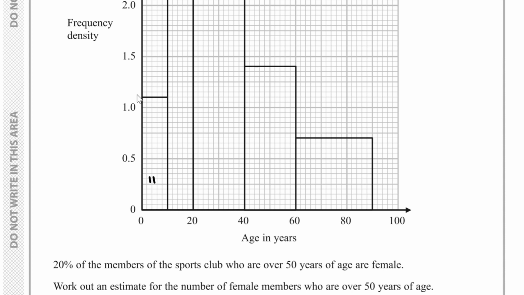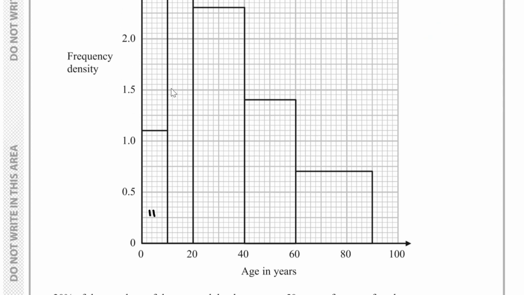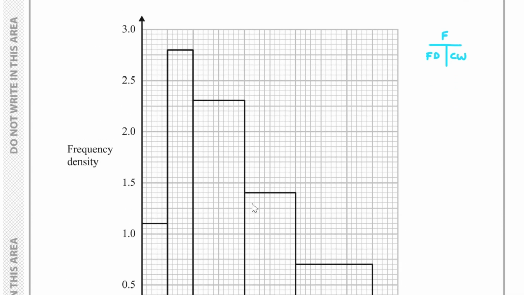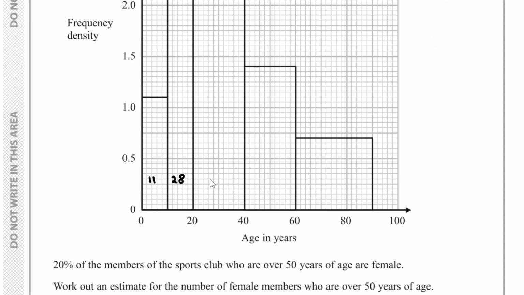Here we've got 10 multiplied by 2.8, which is 28. Here we've got 20 multiplied by 2.3, which is 46. Here we've got 20 multiplied by 1.4, which is 28.